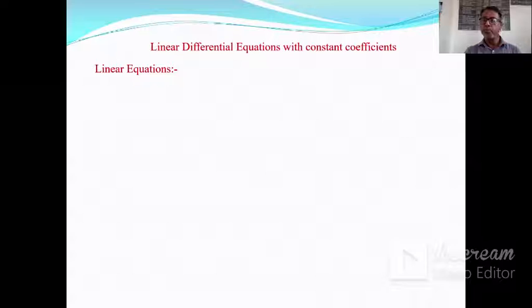In FIBSC, we have seen the linear differential equation of first order. Now, in this unit, we want to see the linear differential equation of nth order, or higher orders.